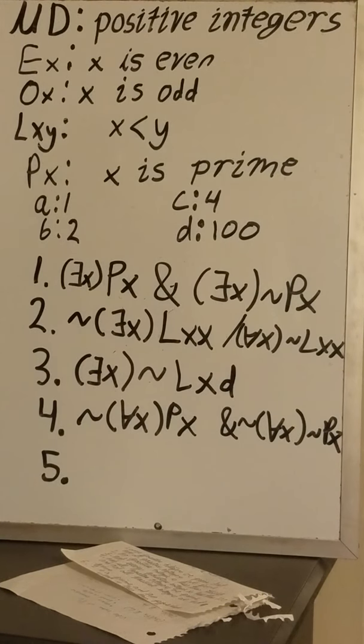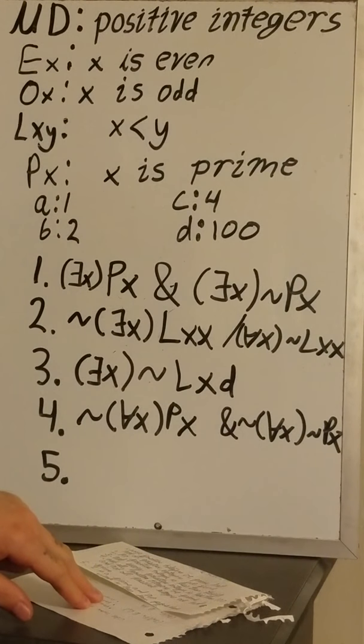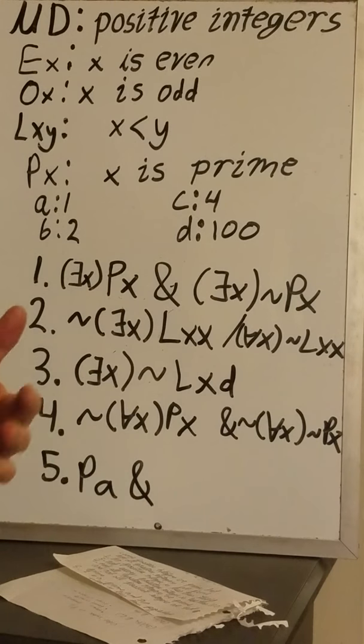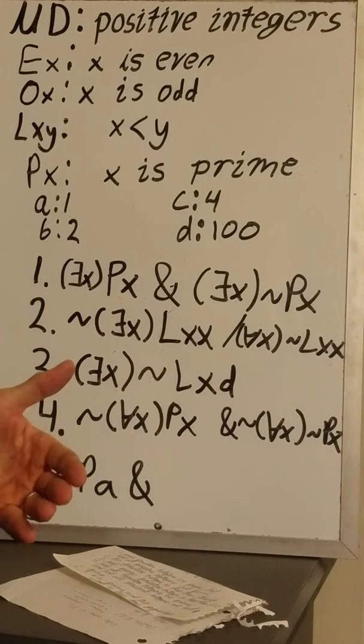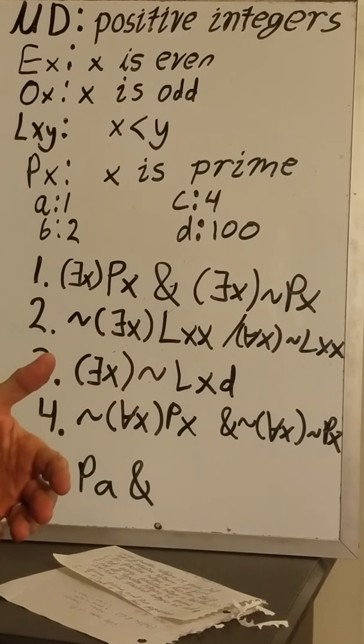All right, and our last one here: 1 is prime, and no positive integer is less than 1. So again, this is going to be a conjunction. 1 is prime. How do we say that? What's our name for 1? It's A. So PA. And no positive integer is less than 1. So no, we could symbolize that as does not exist, or there is nothing, or there is not something.